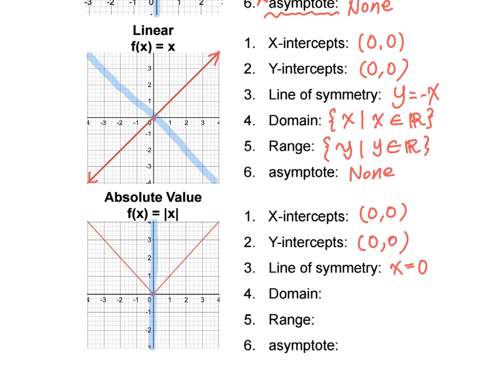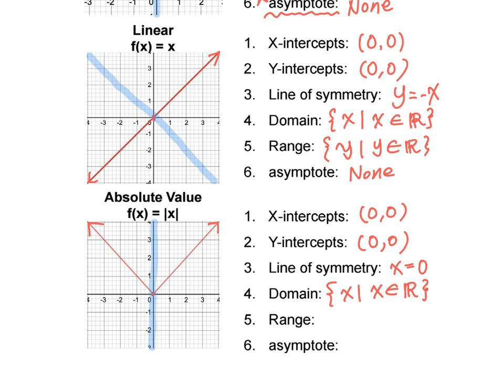So it's going to be symmetrical across the y-axis. And domain, as you see, it stretches left and right, so all real numbers. So x such that x is all real numbers.